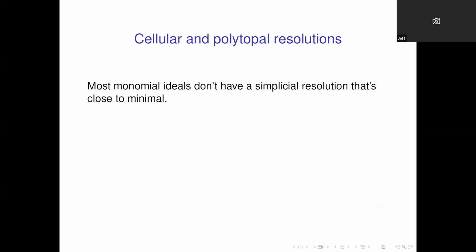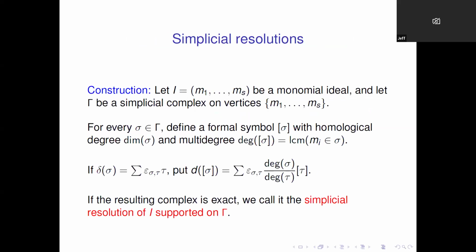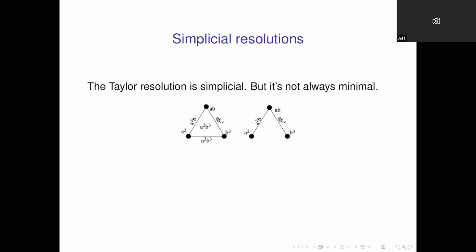The good news is, if we go back and look at the way we constructed a simplicial resolution, nothing here actually cared that we had a simplicial complex. It just cared that we had some sort of combinatorial objects that had differential functions that only took you down by 1 degree.